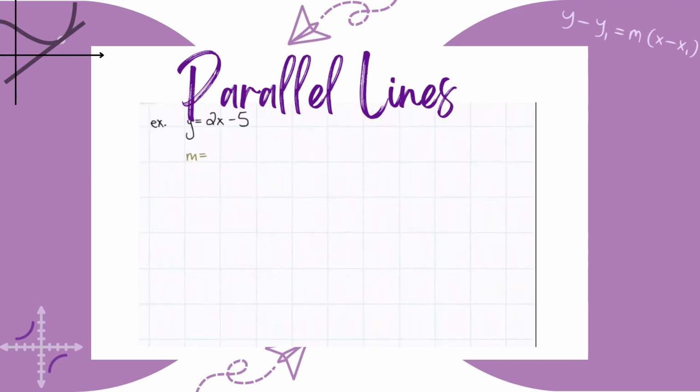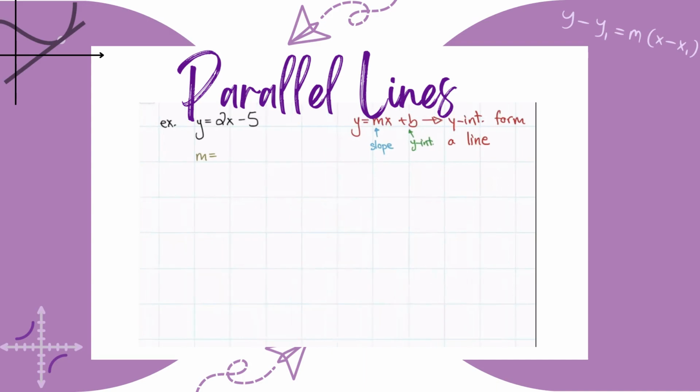So we need to go back and recall that y equals mx plus b is the y-intercept form of a line. Over here, this m represents the slope, and this b represents the y-intercept. This would be 2? Yeah, so the slope is 2.